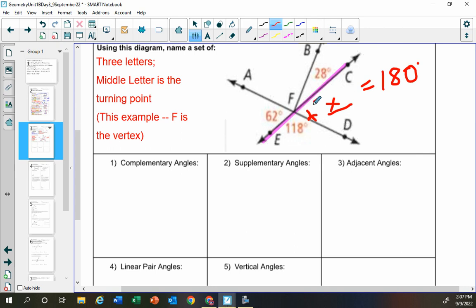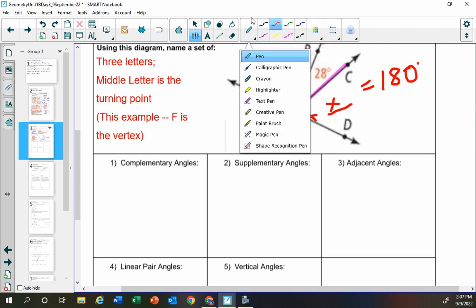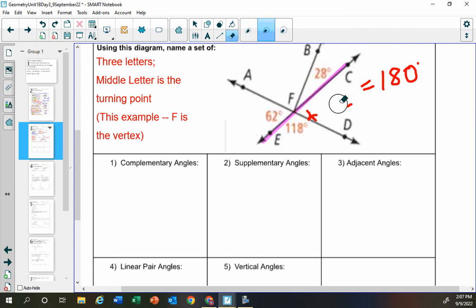Yes. Let me make that 6 a little bigger. So yeah, this is going to be 62. So 118 plus 62 equals 180.